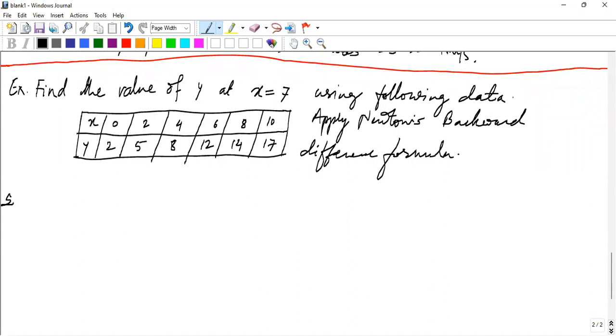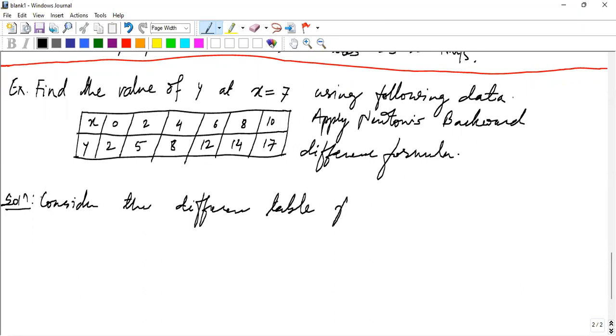So let us consider the difference table for the given data.